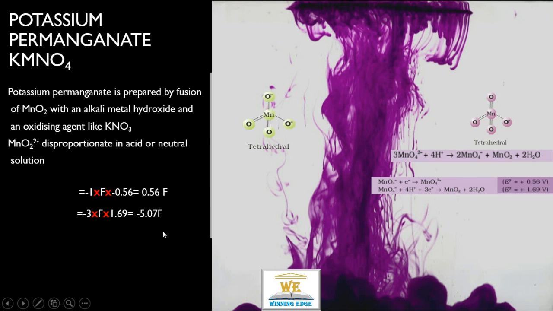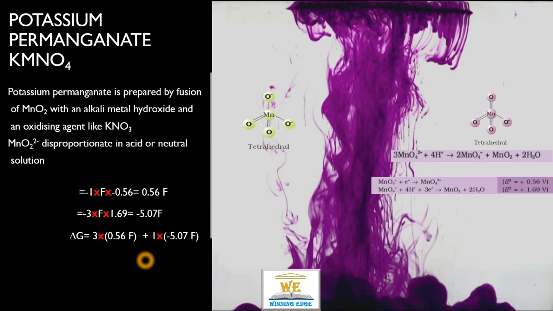So this reaction only makes the whole reaction spontaneous, because if we sum it up, we will get 3 into 0.56, because 3 moles of manganate go into permanganate, plus 1 mole of permanganate goes into manganese dioxide, that is minus 0.507 F. That's how we're getting the whole term negative.